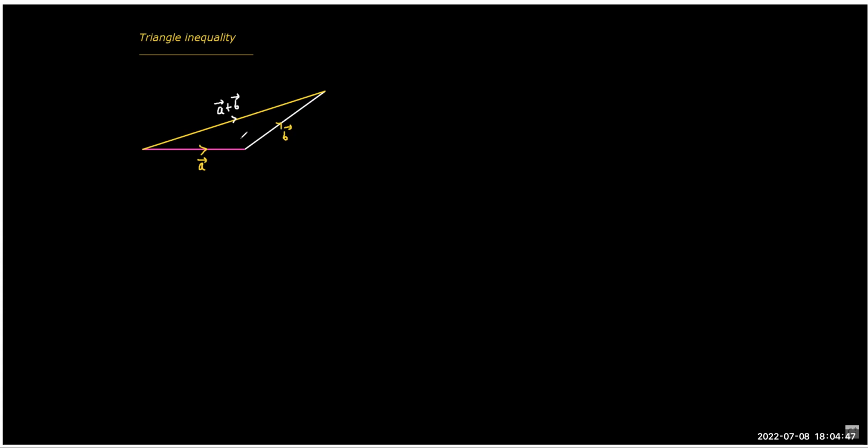Now, what the triangle law says is that the length of A and the length of B, if you add these two lengths, what to expect? This must be bigger than or equal to the length of the third side. Okay.